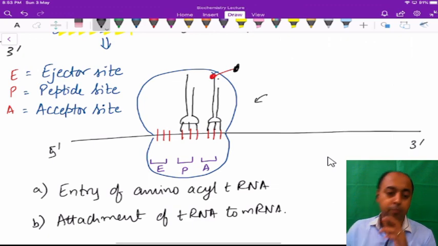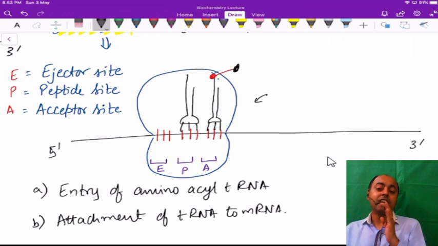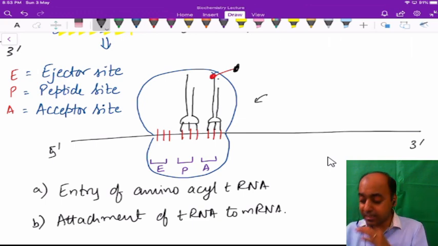The amino acid which was there at P site, or later on it will be the peptide chain, gets attached to the amino acid which is at the A site.